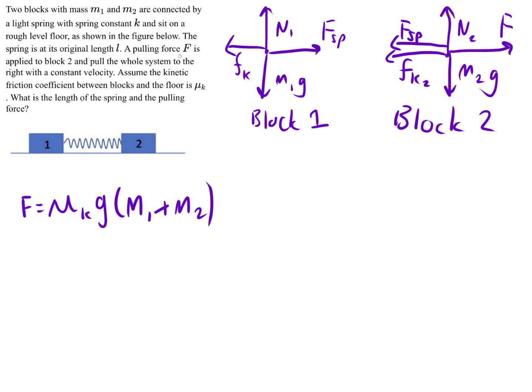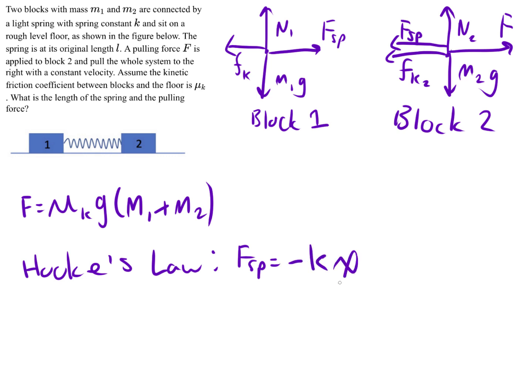Now we need to figure out the length of the spring as it's being pulled. So there is a thing called Hooke's law, that says that the force of a spring is equal to the negative of the spring constant times the displacement.